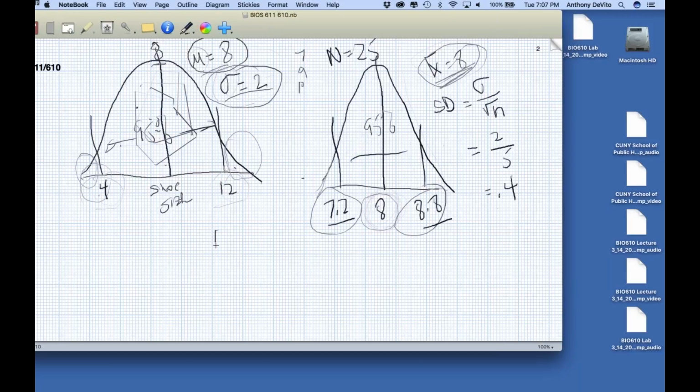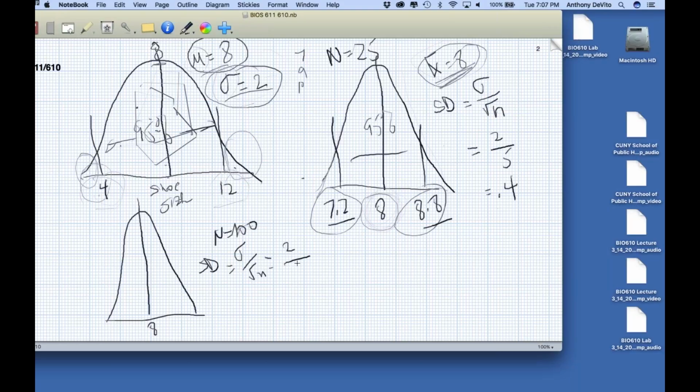Now, what would happen if I take a sample of size 100? Well, naturally, we would expect all of those sample means to be even closer to the mean than when we took a sample size of 25. So we'd expect to see something like this, right? Again, the mean of all the samples that we took would be 8, but the standard deviation of all the sample means is going to be equal to sigma over the square root of n, which is 2 over the square root of 100, which is 2 over 10, which is 0.2.